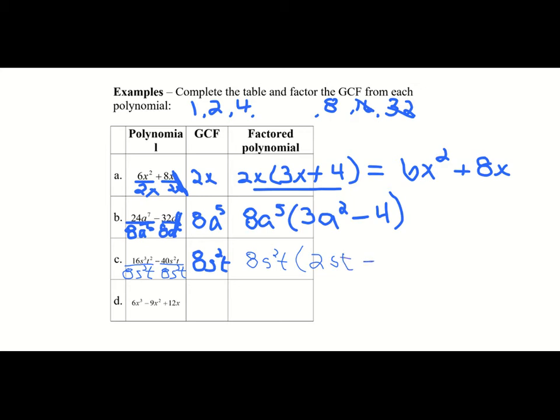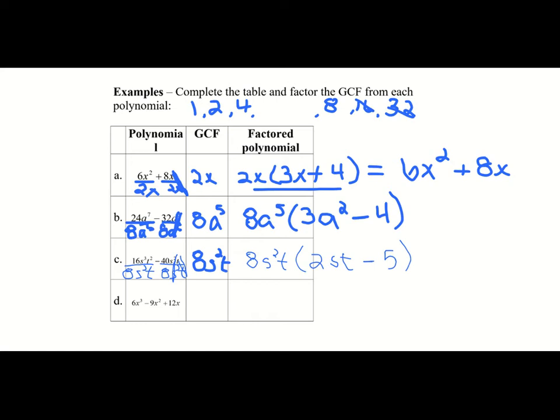Minus 8 goes into 40 5 times. s squared divided by s squared is going to equal a 1, so we have no s's in the second term. And t divided by t is going to equal a 1, so no t's in that second term. So 8s squared t times the quantity of 2st minus 5 is our factored form there.